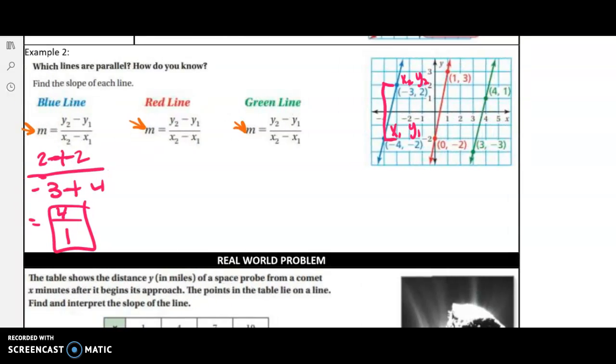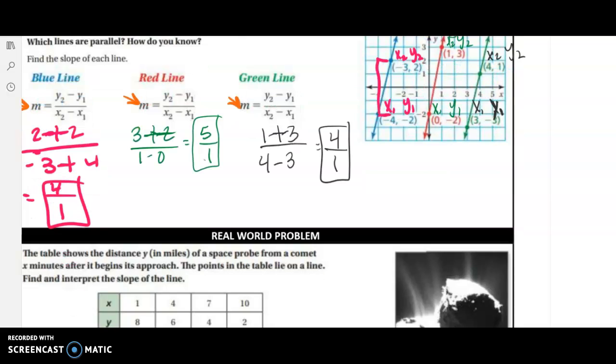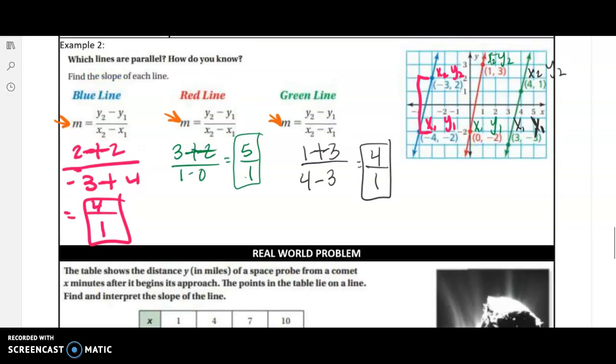All right, next line. I'm going to label my x2, y2, x1, y1. And I want you to check your answers with mine once you finish the red line and the green line. All right, so you will notice after finding the slope of the red and the green line, using the equations, I got 5 over 1 and 4 over 1.